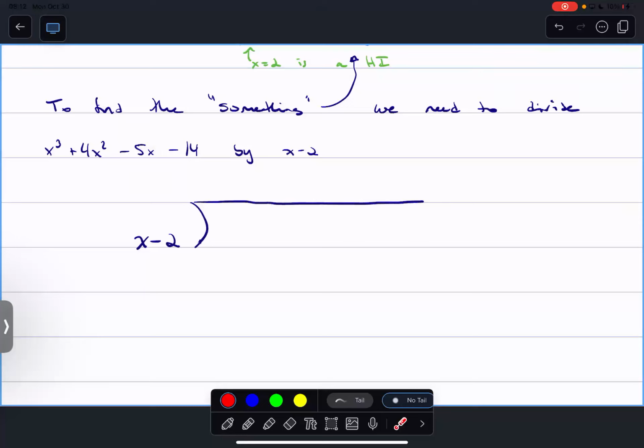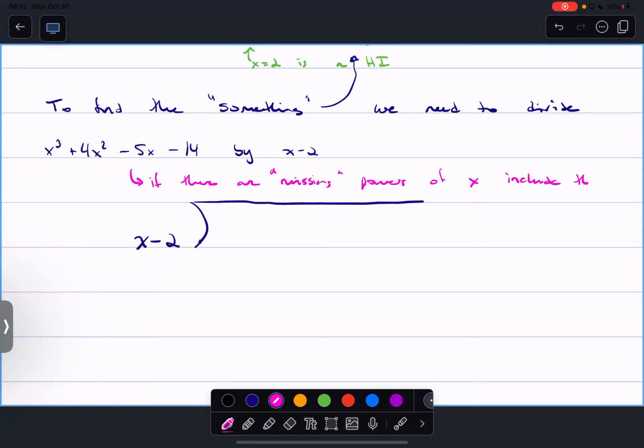So that's my first note: if there are missing powers of x, include them. That might not make sense until we do an example of that. But for now, we have all of them. X to the 3, x to the 2, x to the 1, x to the 0. They're all there.